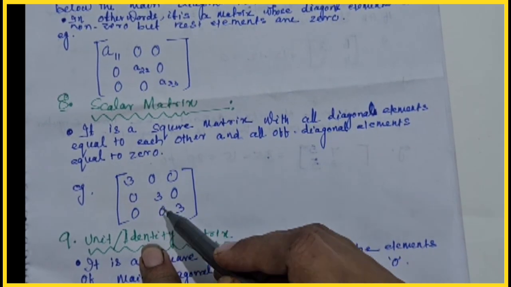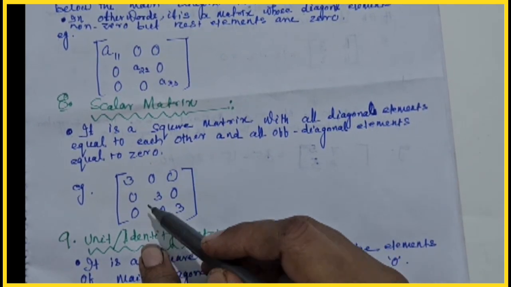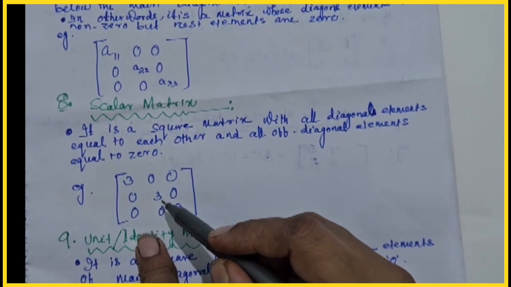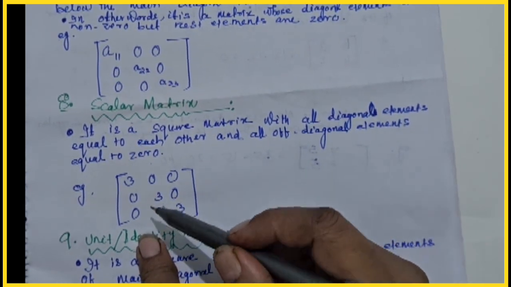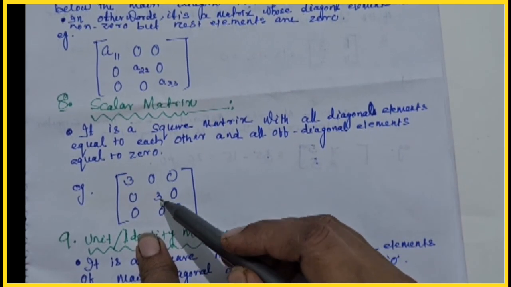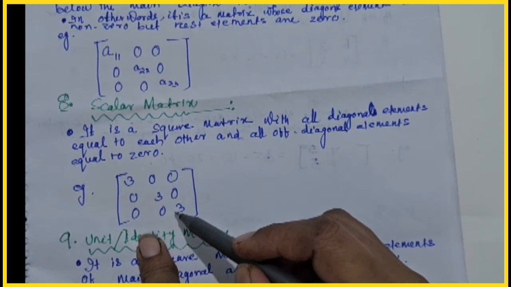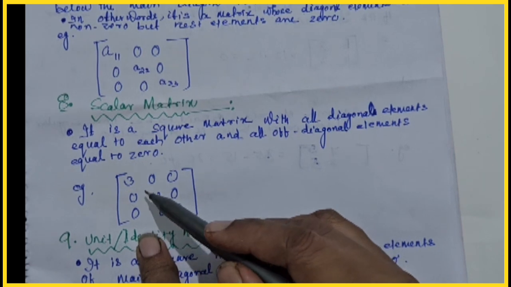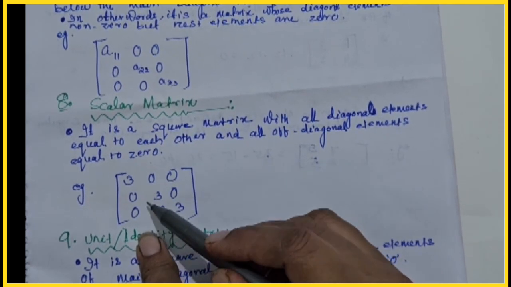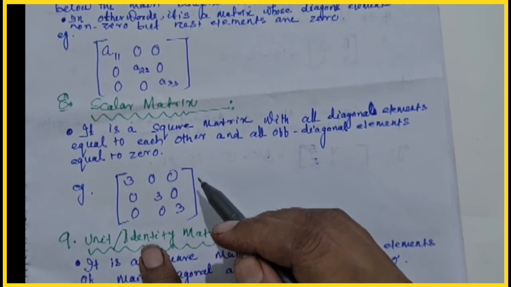A11 अगर 3 है तो A22 भी 3 है, A33 भी 3 है। जो था ना हमारा A is equal to B, B is equal to C, so A is equal to C. So here A11 is equal to A22 is equal to A33. The diagonal elements are equal and the other elements above the diagonal and below the diagonal are 0.